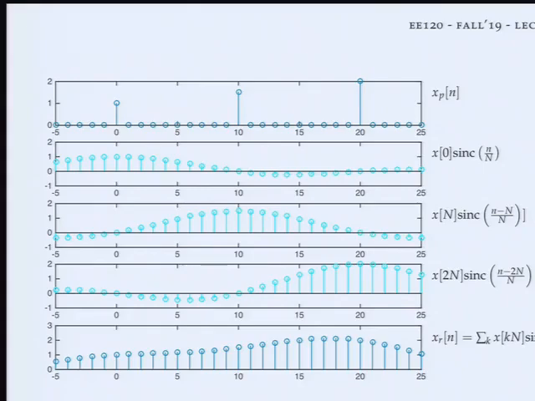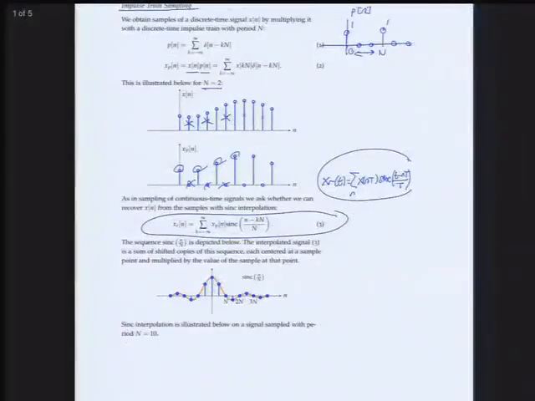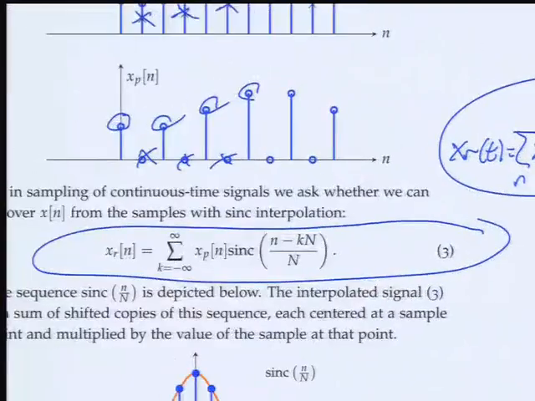For the sample at 20, I have another sinc centered at 20, the penultimate plot. If I add them up, that's the reconstructed signal. It's nice and smooth because sinc functions are smooth. Make sense? That's the idea in the sinc interpolation. That really is a picture of this equation here that I circled. Any questions? Is that all clear?